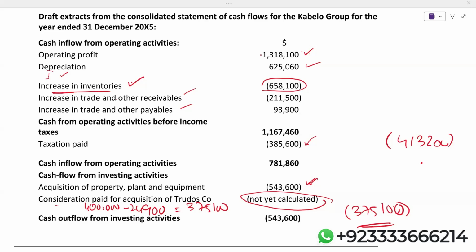Now I want to ask you guys, give me the answer. Can I say during the year I've acquired a subsidiary? So can I say I have to exclude the impact of acquisition of my subsidiary? When I'm going to exclude the impact of acquisition of subsidiary from the closing balances, whatever the examiner has written here, logically it will reduce. Tell me yes or no, please.